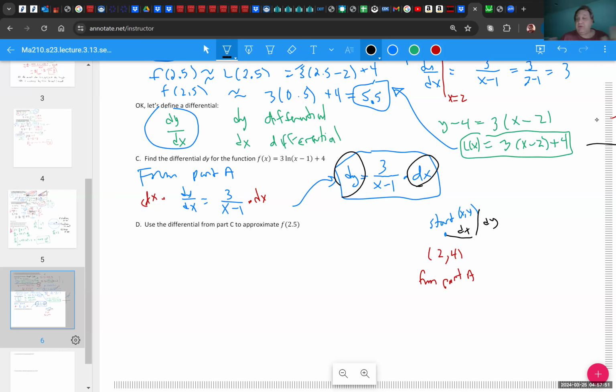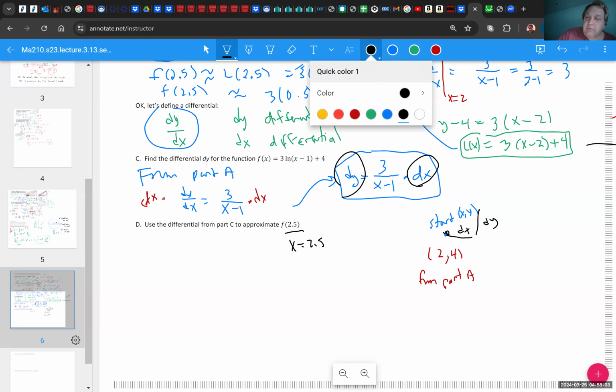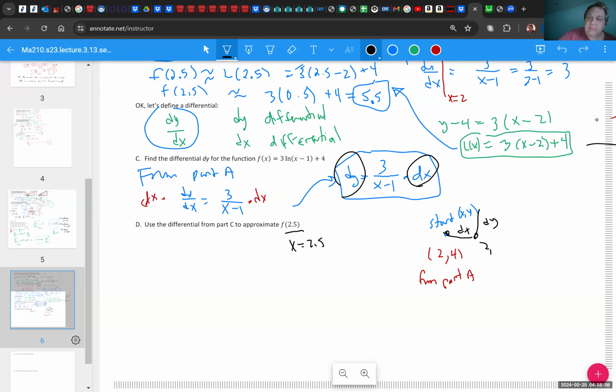Okay, so what is the dx nudge? Well, the dx is how much you're shifting in the x direction. We started from 2 comma 4, and we nudged to 2.5 for the next value. This is x equals 2.5. Oops, not 2 comma 5, 2.5. So how much did we nudge in the x direction?